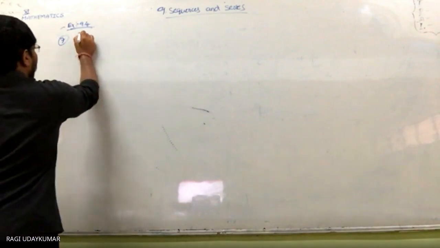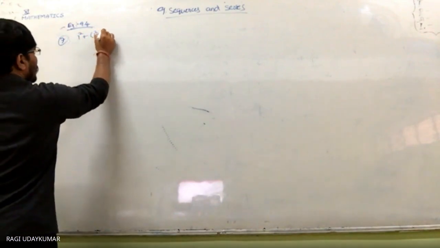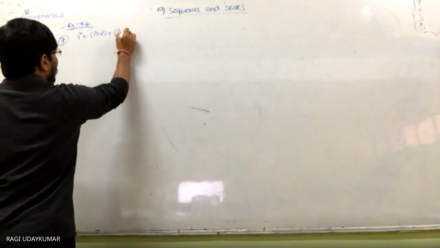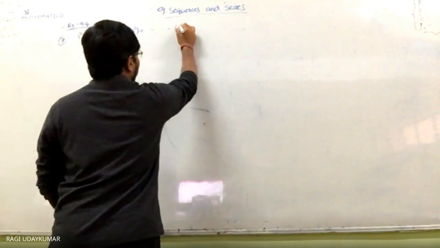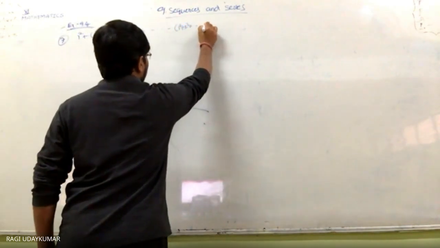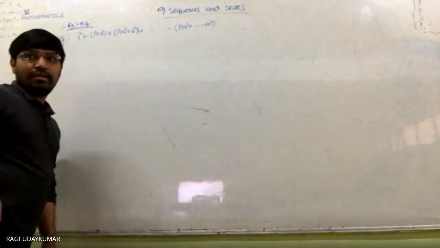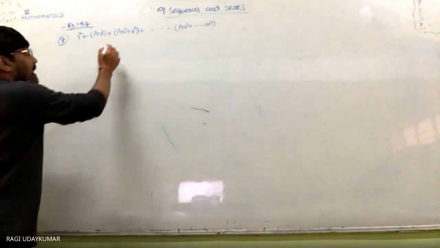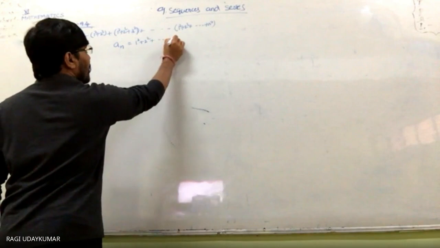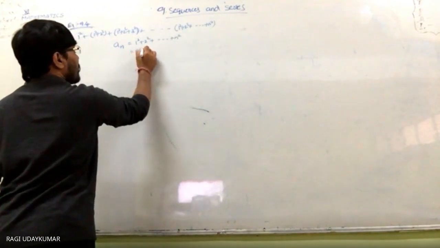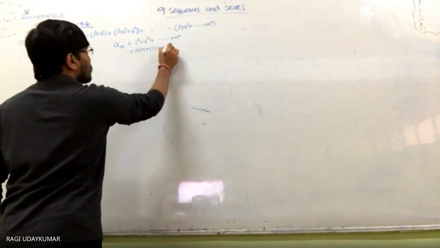So first 1 square, second 1 square plus 2 square, third 1 square plus 2 square plus 3 square, and so on. The nth term, what do you get? 1 square plus 2 square and so on up to n square. The nth term is itself 1 square plus 2 square plus and so on up to n square, which can be written as n into n plus 1 into 2n plus 1 by 6.